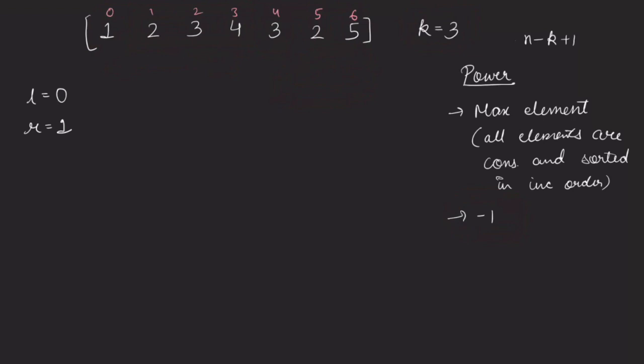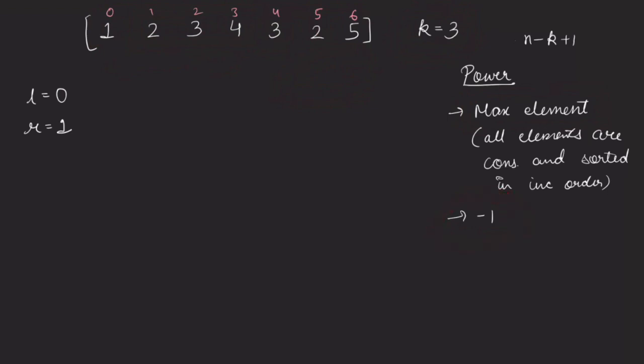Right. Now what we want is to know how many consecutive elements there are in my subarray. If for a subarray that number of consecutive elements is equal to k, then we can say that the answer for this subarray will be the max element, right? And if the number of consecutive elements is not equal to k, that is, less than k, then it will be -1, right?